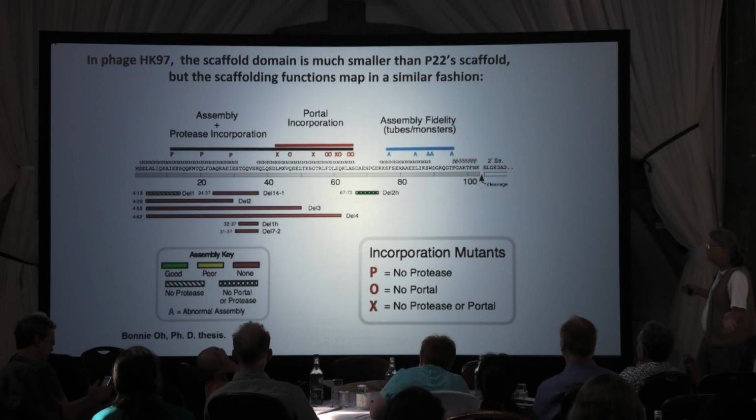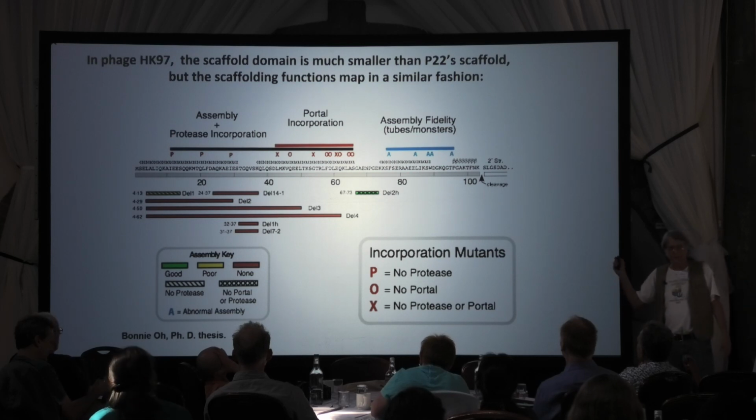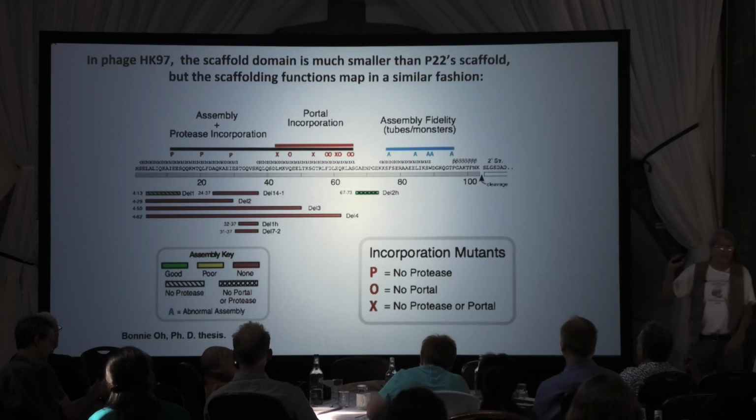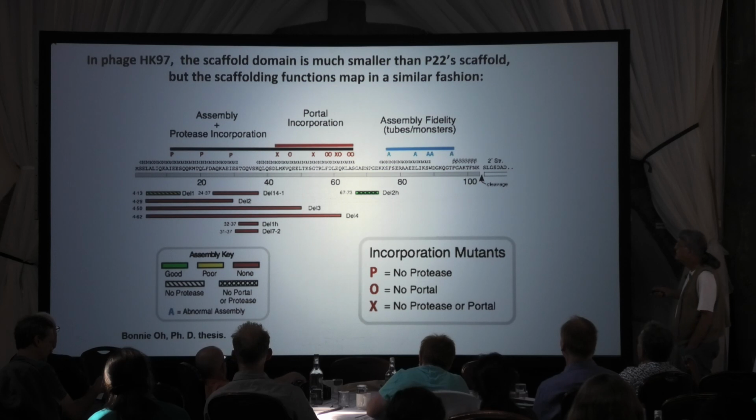So here's a summary of a whole bunch of mutations that were mostly made by one of the people I listed on the title slide, Bonnie. Bonnie O was a graduate student in Rogers' lab.